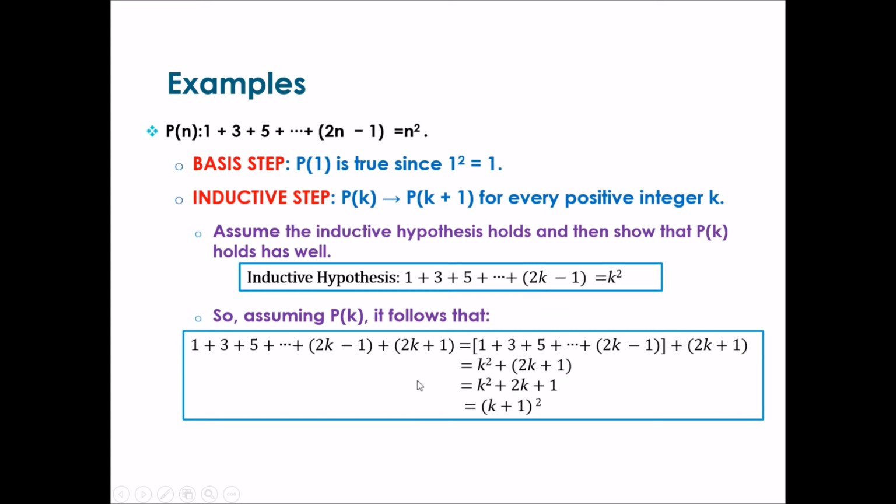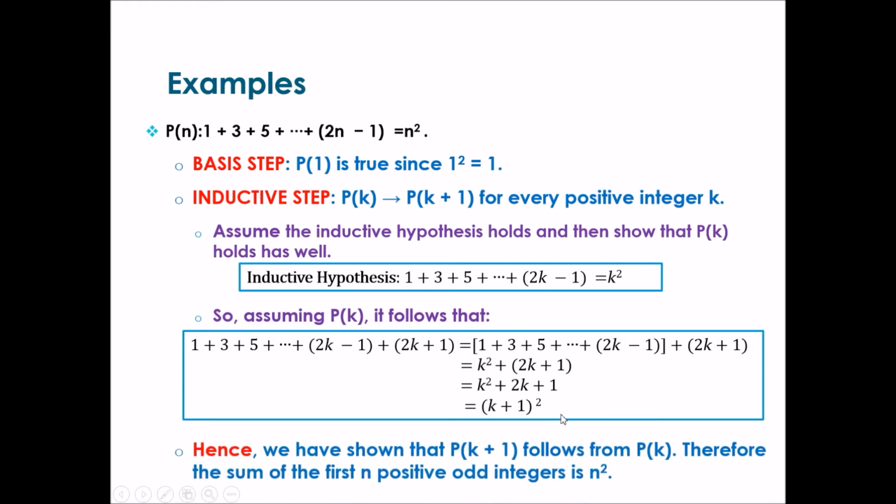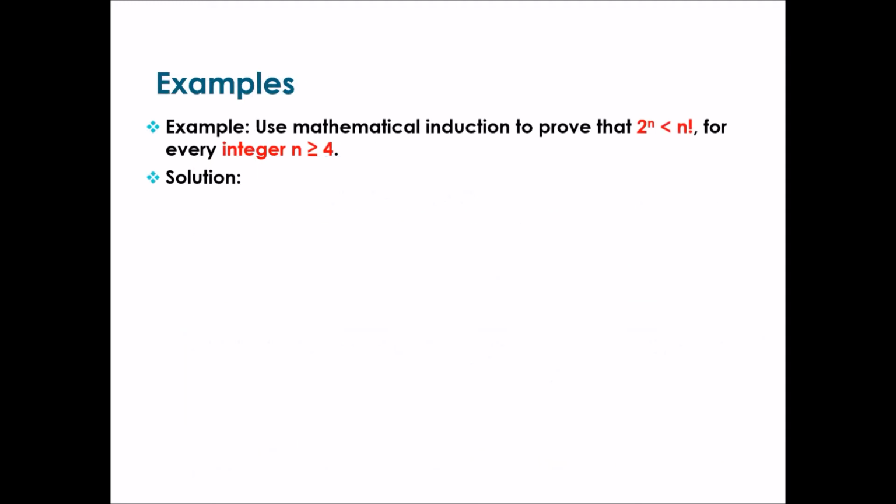Now since the sum of the first k odd integers is assumed to be k square, we just plug in this value, which gives k square plus 2k plus 1, which is equal to k plus 1 whole square. So we have shown that Pk plus 1 is true whenever Pk is true, and this implies that Pn is true for all the positive integers n.